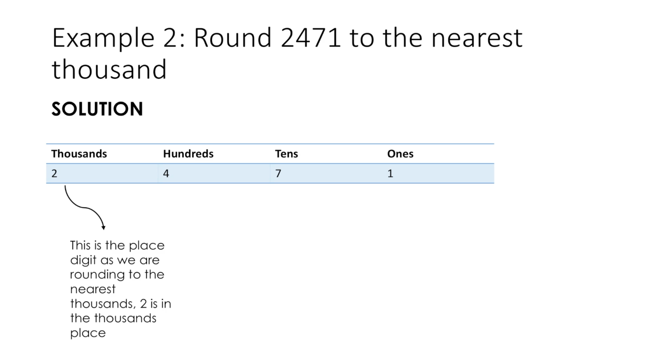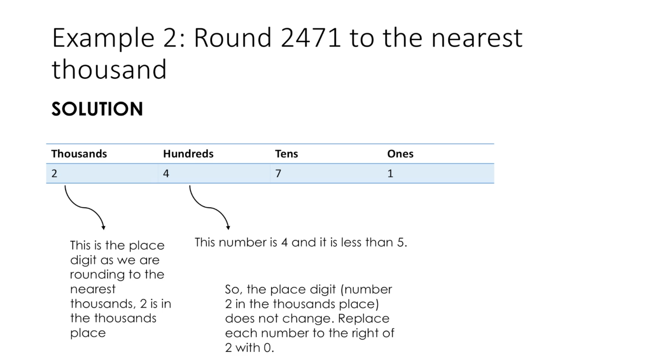Then our next step is to look to the right. The right is the hundreds place, so 4. Is this 5 or greater, or is it less than 5? Well, 4 is obviously less than 5. So when our right digit is less than 5, that means our place digit stays as is and everything to the right of our place digit turns into 0.